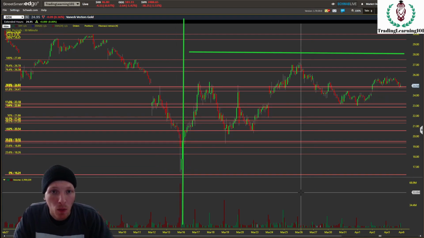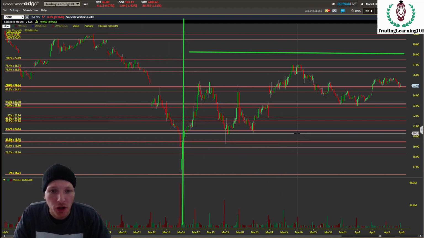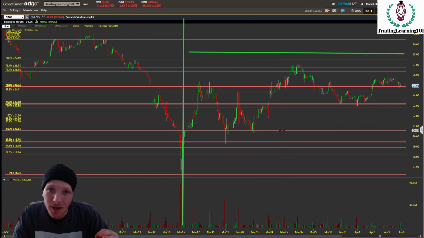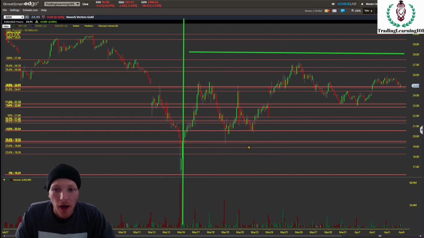Now remember, what we want to look for are the thick, dark, horizontal lines. I don't really care too much about the lines that are really just close together and clustered close. I want those thick, big, dark lines. That's what I want to look for. We'll go ahead and draw them out.